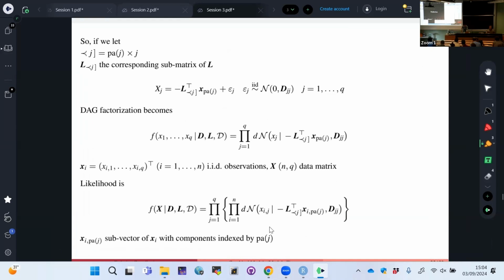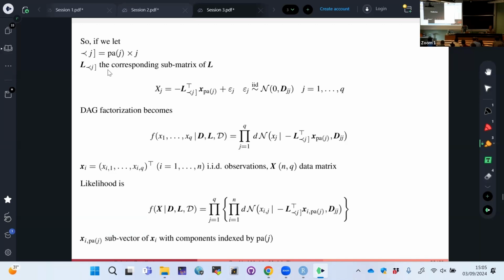So I will need to select elements in the L matrix corresponding to the parents of node J. I will use this notation to index rows corresponding to the parents of J and column corresponding to J. So this will index the elements in column J corresponding to the parents of node J in the DAG. So L with this subscript here will be the corresponding submatrix, which in practice is a subvector, if you like.